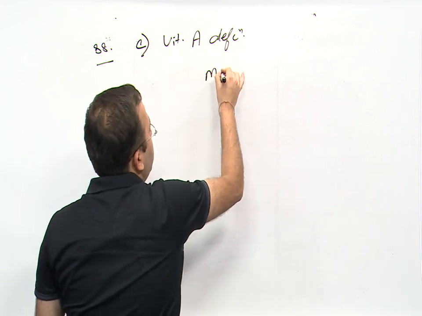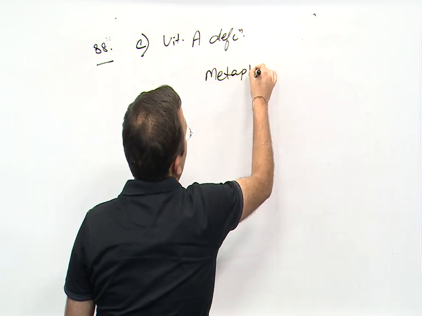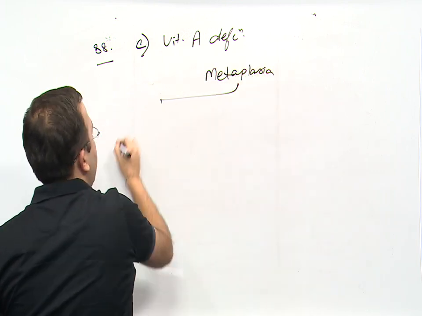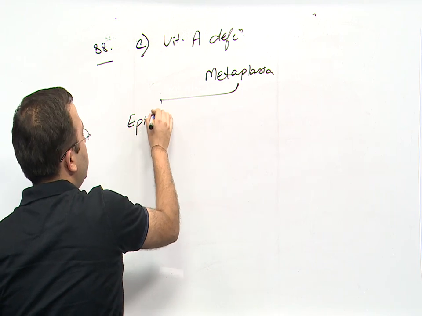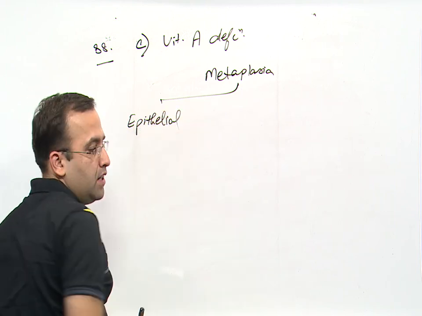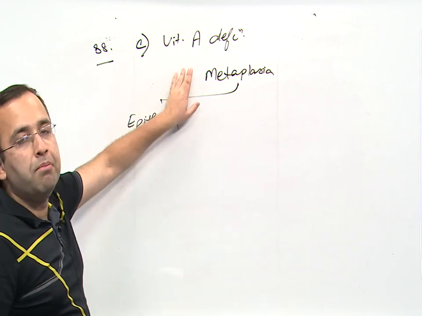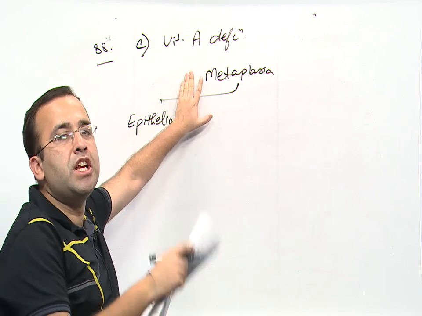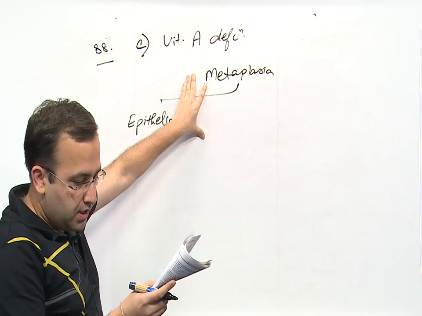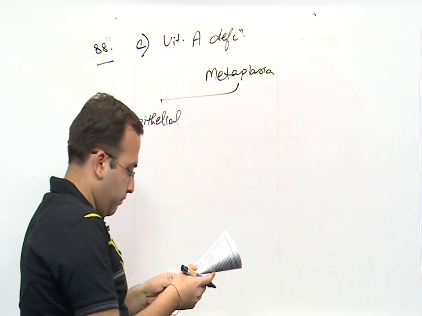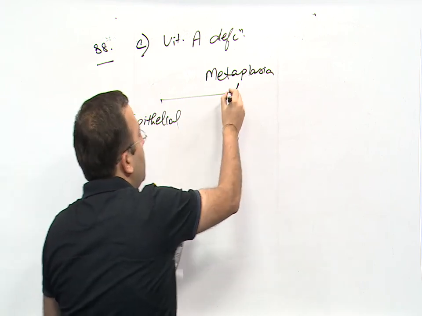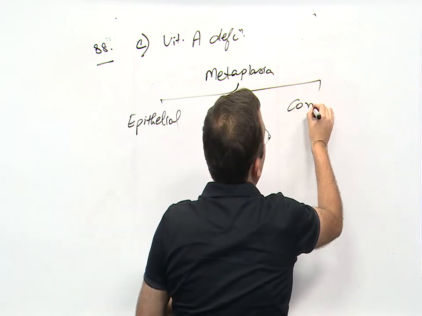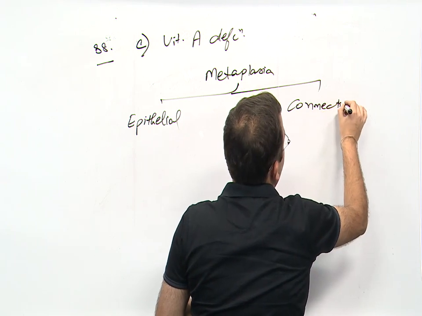Now, metaplasia is of two types. Firstly, what do I mean by metaplasia? Metaplasia is one lining which is changing into another. It is of two types: epithelial metaplasia and connective tissue metaplasia.